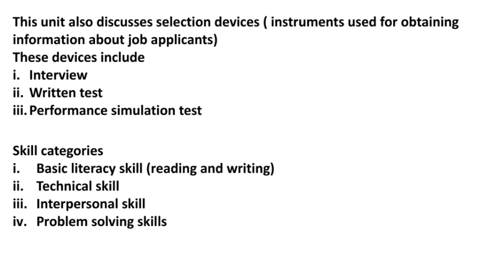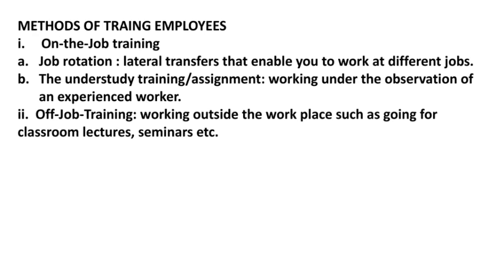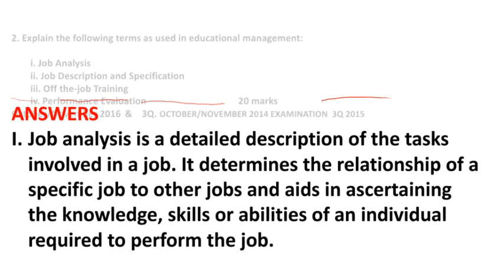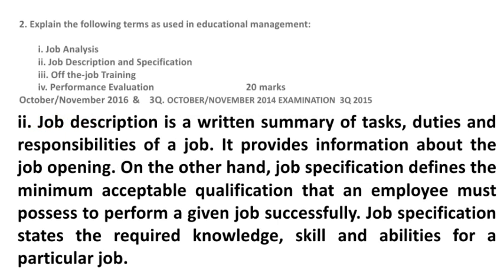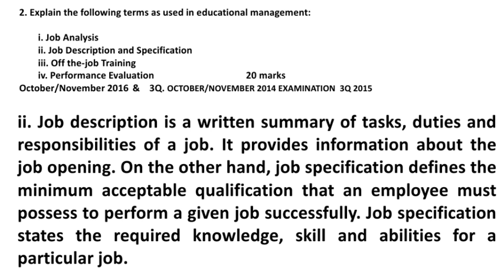Job description, job specification. All right, we're going to still answer that quickly. Job description is a written summary of tasks, duties, and responsibilities of a job. It provides information about the job opening. On the other hand, job specification defines the minimum acceptable qualification that an employee must possess to perform a given job successfully.